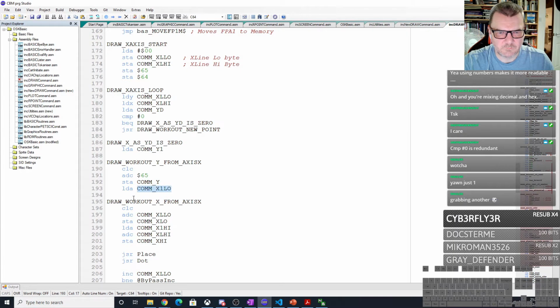X1 low. Yeah, that's right. X1 low would be the start point, or for adding, so we'd be adding to X1 low and then subtracting from X1 low. Right, okay. So I don't need to worry which way we're going as long as we're doing it.